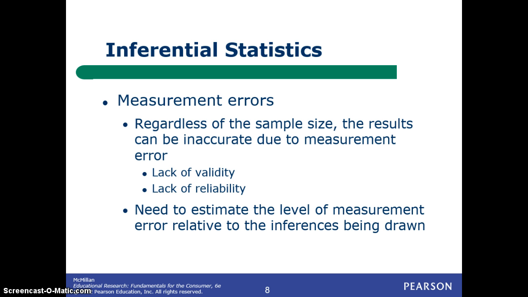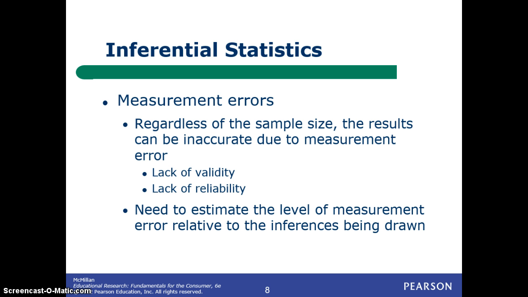One of the issues we run into with measurement errors is we have problems when it comes to being able to assert validity and reliability for our study. As we've looked at previously this semester, validity and reliability are critical, particularly in non-experimental quantitative designs, because we want to be able to make a strong case for our findings to be generalizable to the population.